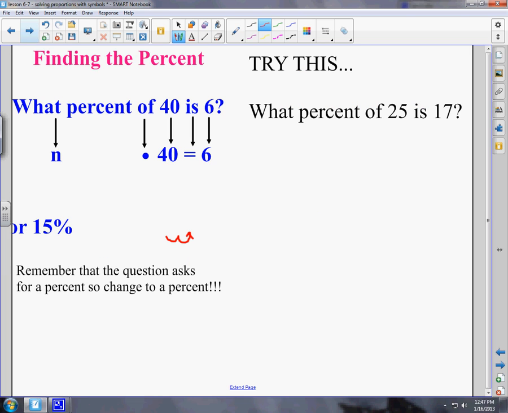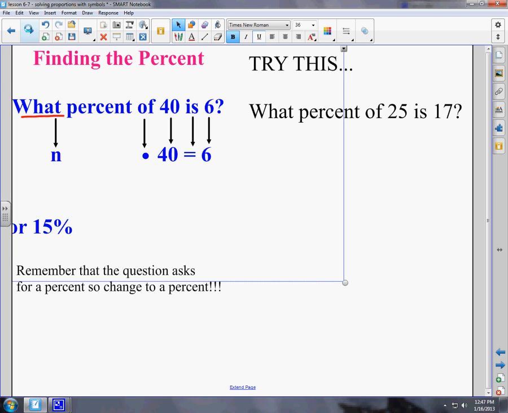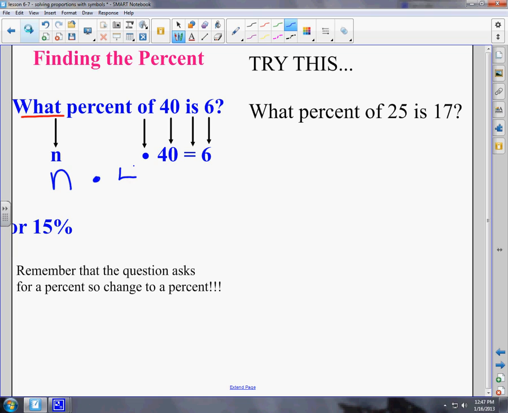So first, finding the percent. When you see the word what, you make it into a variable. If you see of, that becomes times. And if you see the numbers, those just transfer down. So I made this into what percent times 40 equals 6.